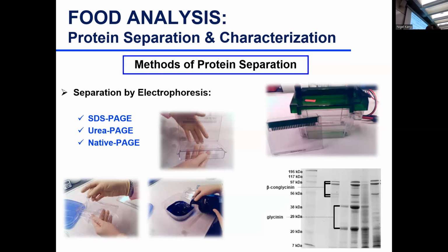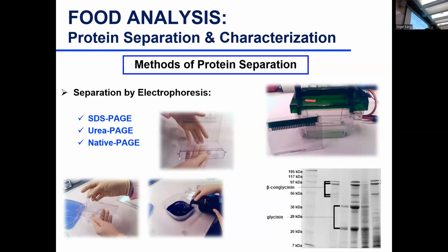If you have a protein with a molecular weight of about 100 kilodalton, it stays here. If it has 20 kilodalton molecular weight, it can go to a lower part, because the concentrations are different and the pore sizes are different.